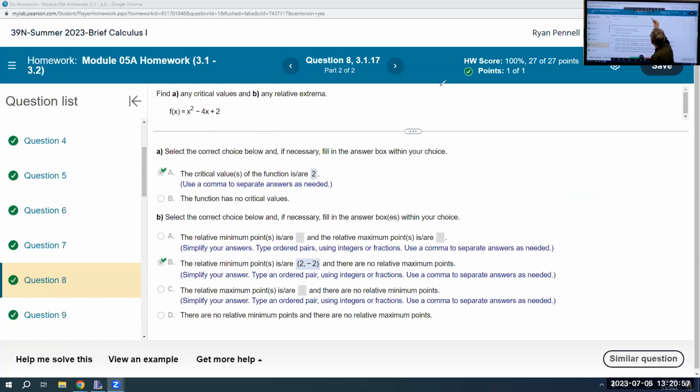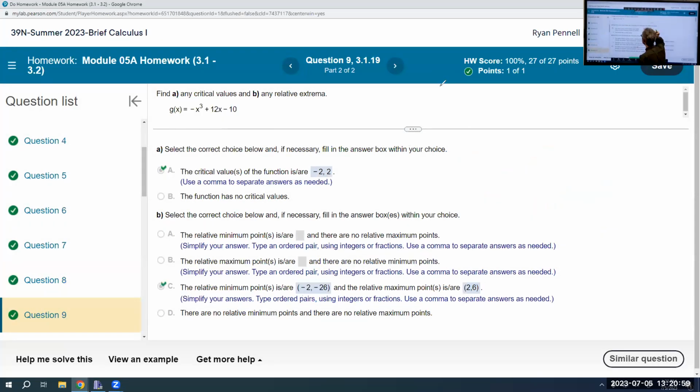That's the idea. Let's take a look at 9. This should be just about the same problem. There is a lot of repetition in this homework. Looking at question 9, we have g of x equals negative x cubed plus 12x minus 10. g prime of x then equals negative 3x squared plus 12.